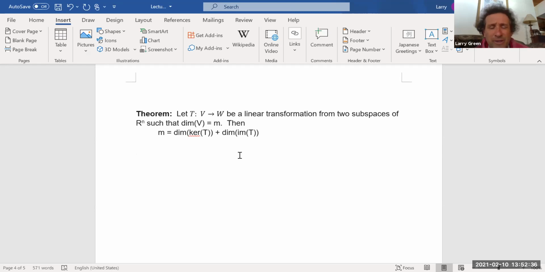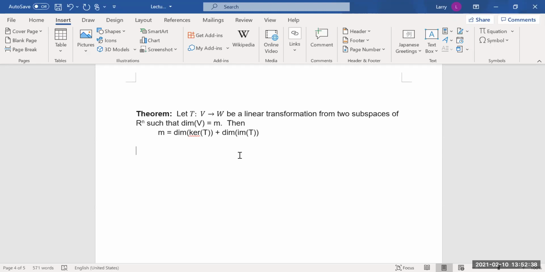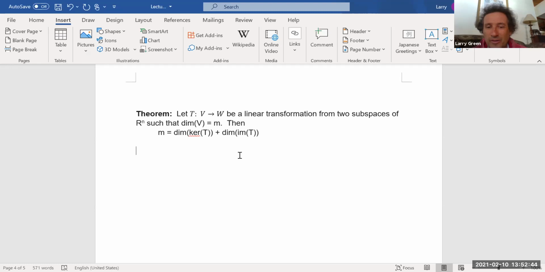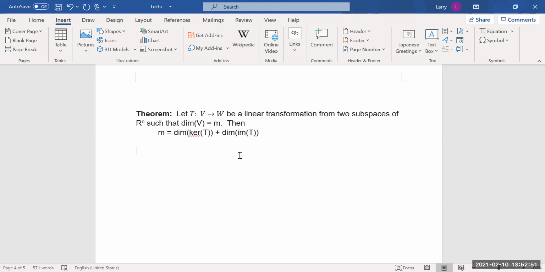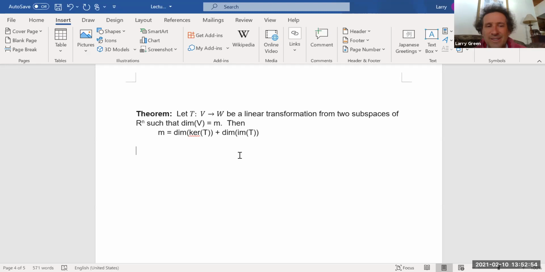This should look a little familiar. Where have you seen something like this? Nullity and rank. Not null space and column space, because it's a number, not a space. Do you remember that?